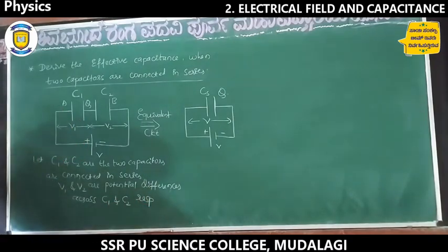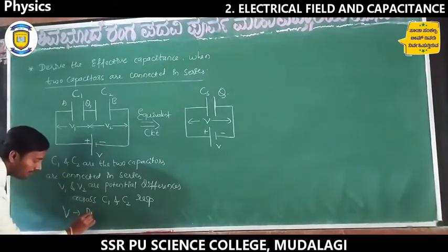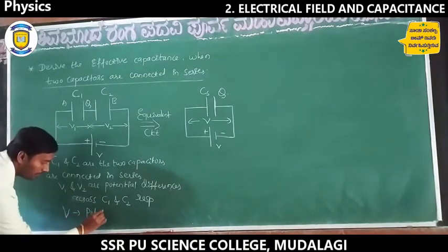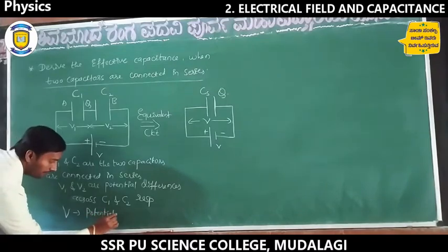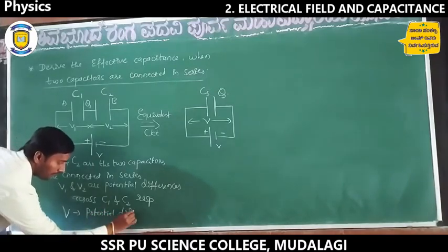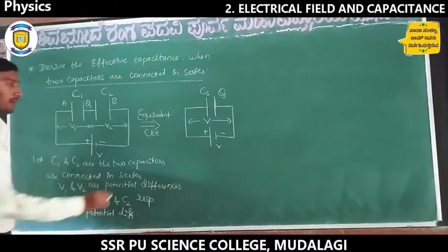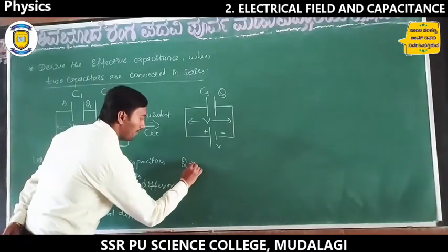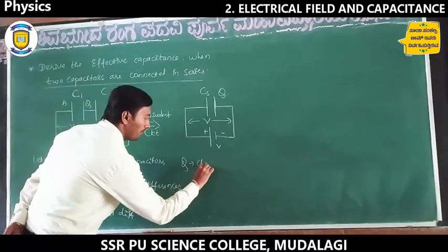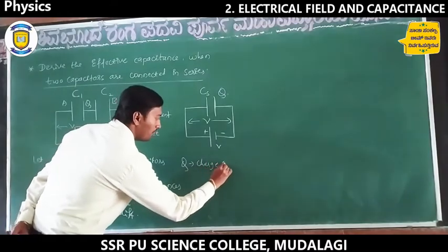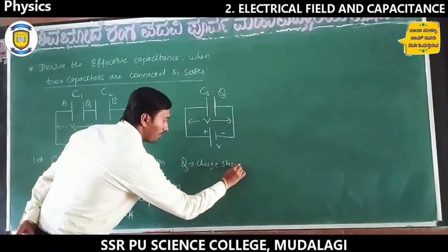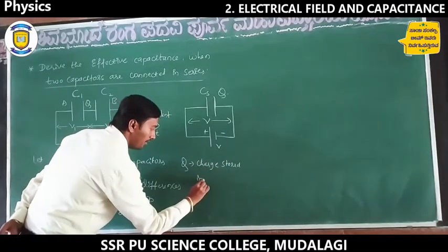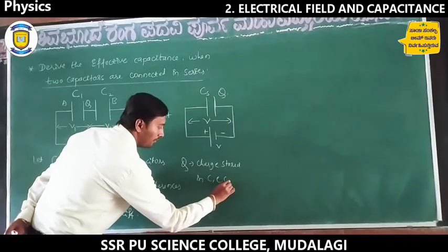V is the total potential difference. Q is the charge stored in C1 and C2.